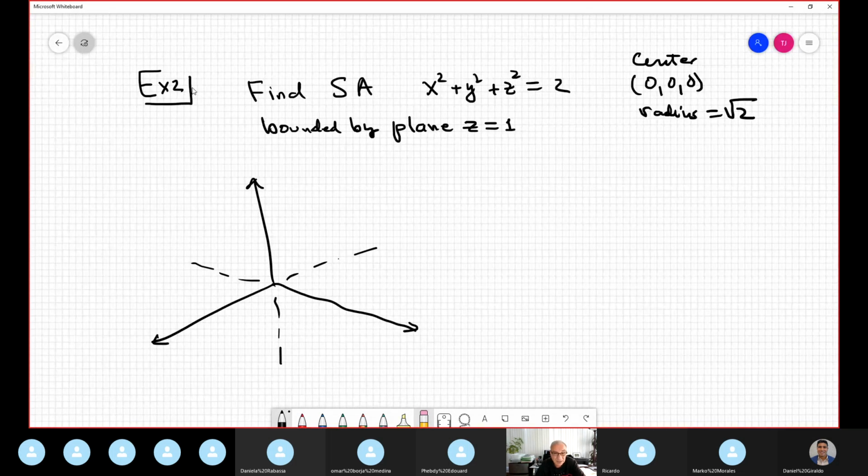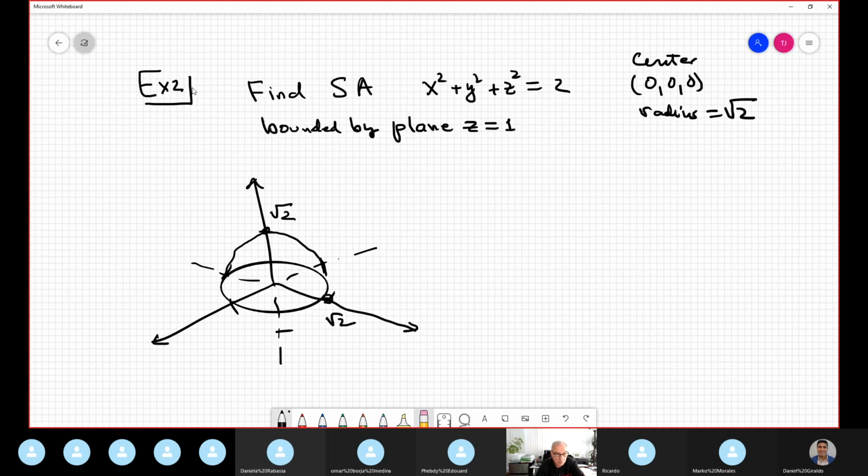We have a sphere of radius radical 2. This distance is radical 2, radical 2, and this is minus radical 2, and this is minus radical 2.